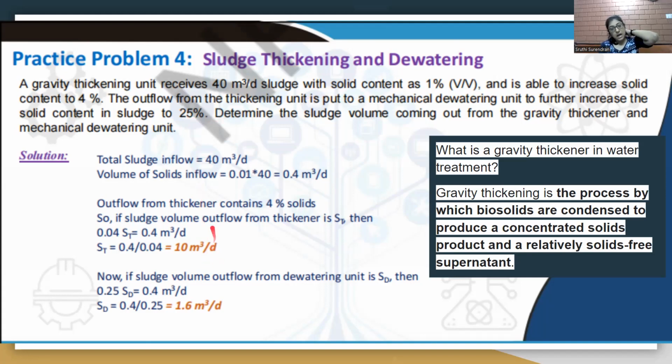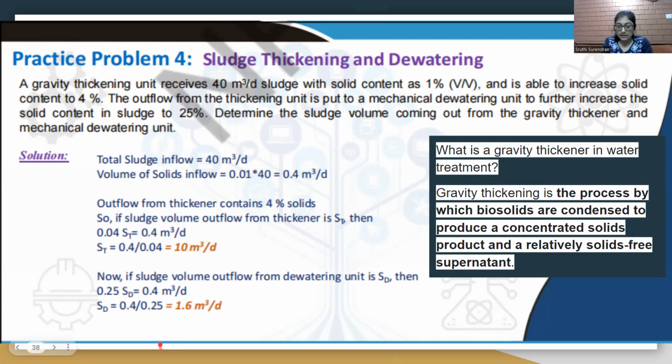So the same way we did it in the gravity thickener, given the outflow of the mechanical dewatering unit as SD, 25% of SD is going to be 0.4 meter cube per day, because we know that that is the solid content in the sludge that entered the dewatering unit. So 25% of the outflow is going to be equal to 0.4 meter cube per day. So SD, the volume of the sludge that is coming out of the dewatering unit, is going to be 1.6 meter cube per day. So this question has been given in the lecture.